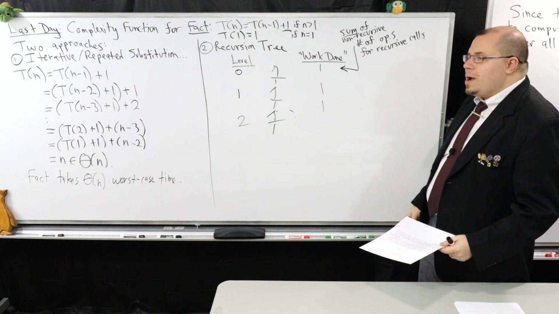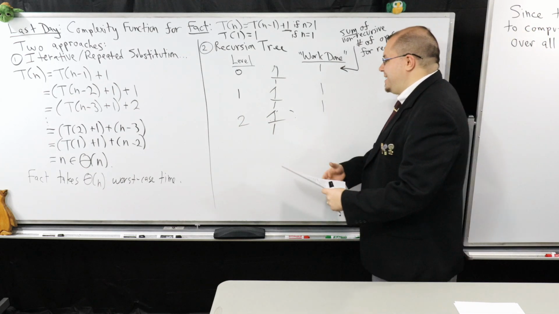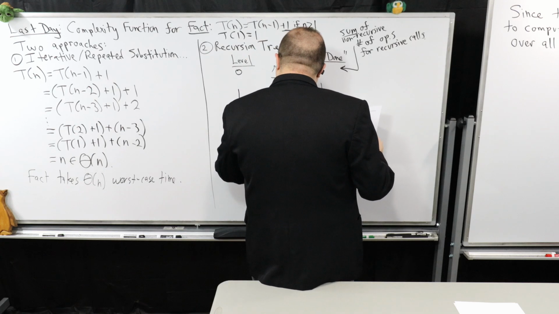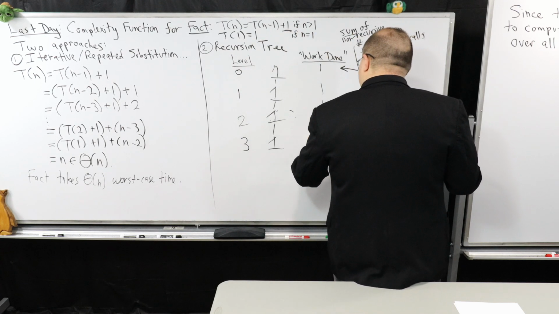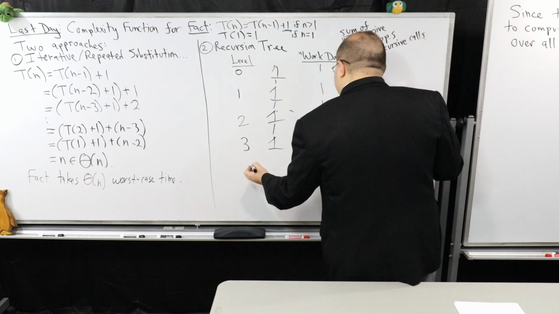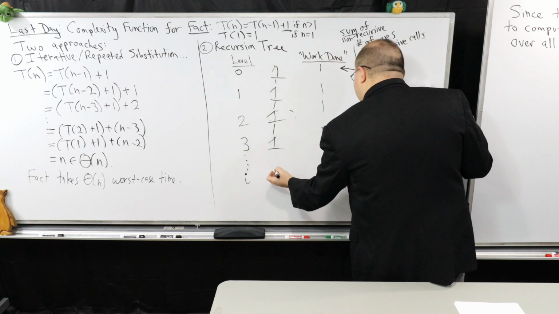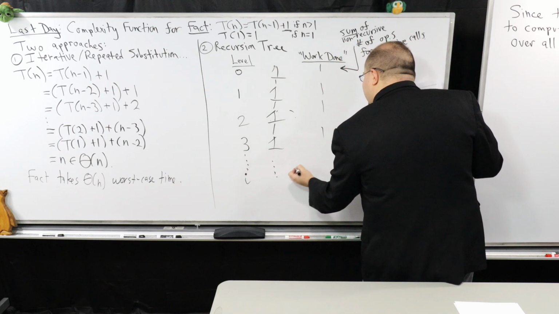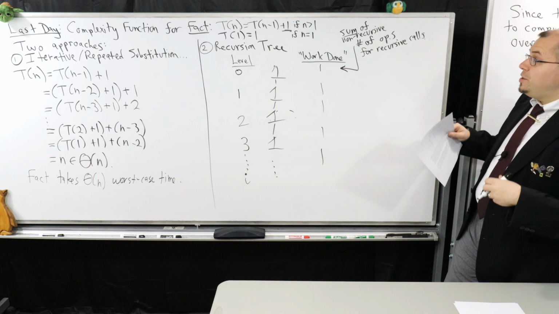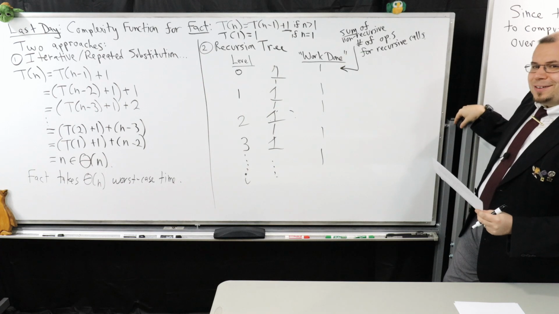I'm going to stop when n is equal to what? It's 1. Yeah, exactly, when I hit 1. So if I were to keep doing this, I would end up with a 1 here, and another total amount of work done at that level is 1. You'll notice that for any level i of my tree, the sum of the work done at that level is 1. And when I hit that base case, it's also 1.